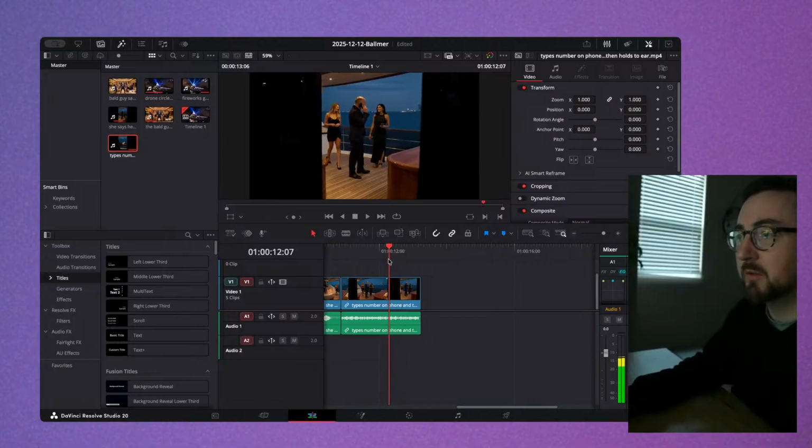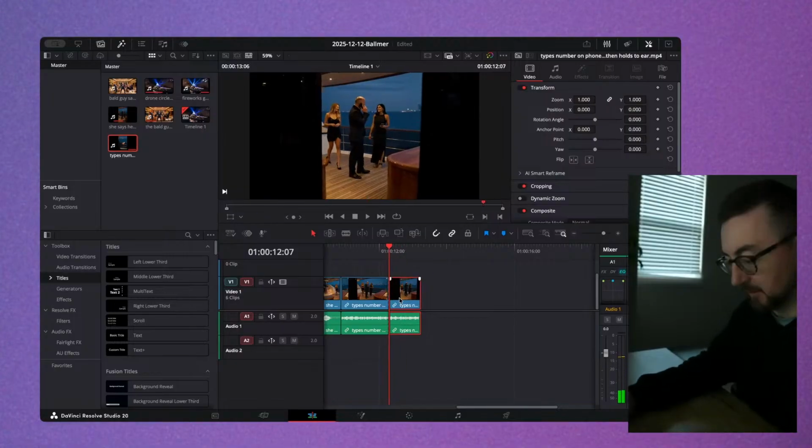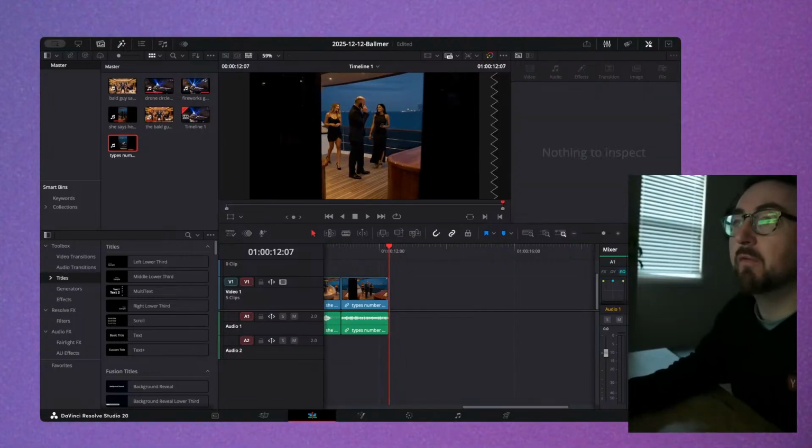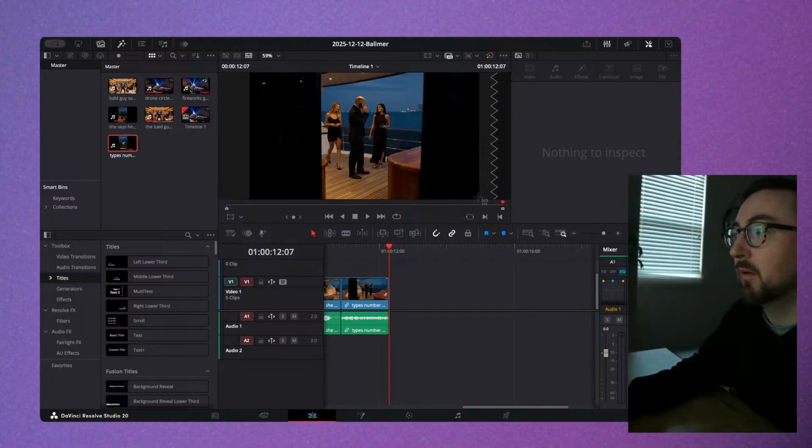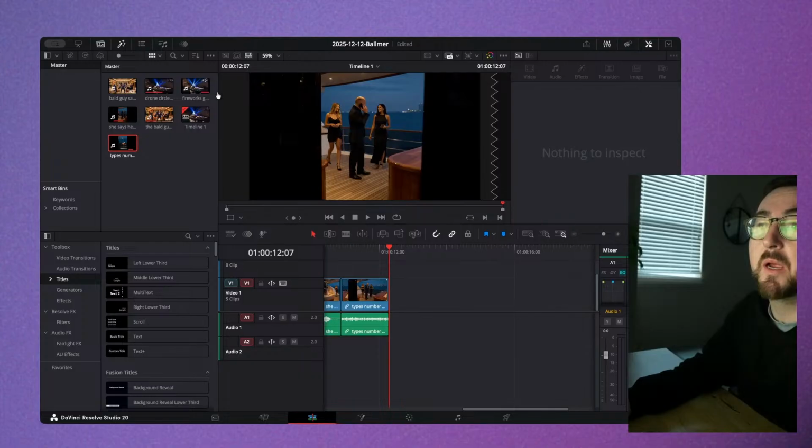I don't want to drop the phone, so I'm just going to leave it like that. I want a different view of this shot, so this is where I need to go back to here.